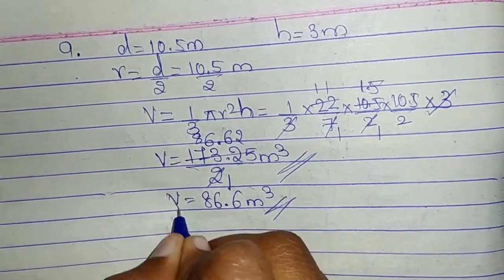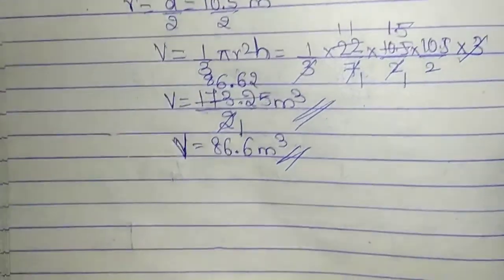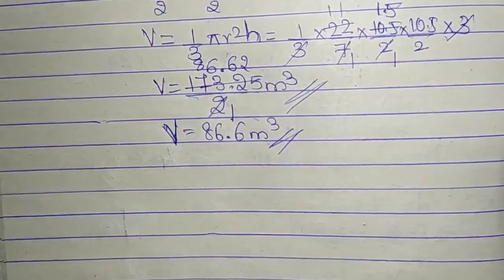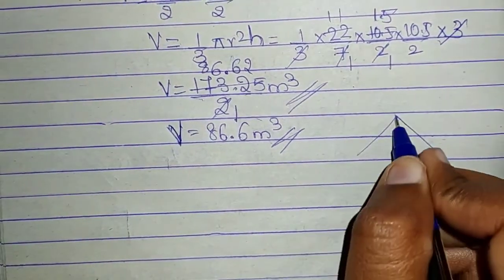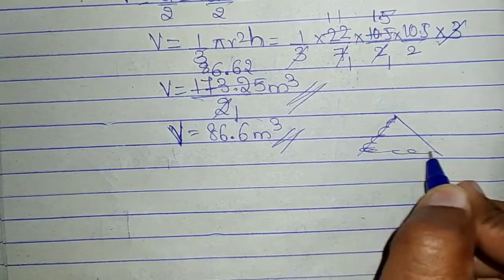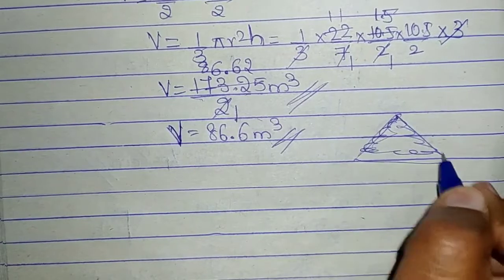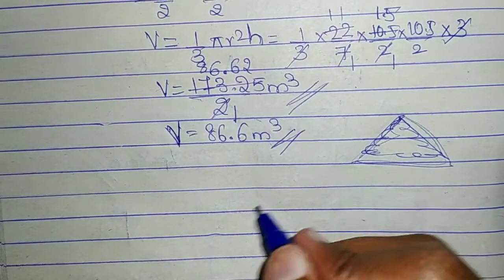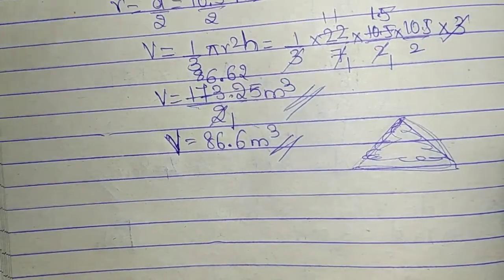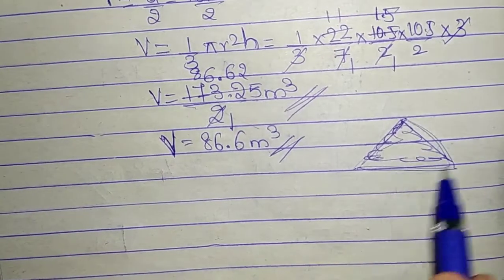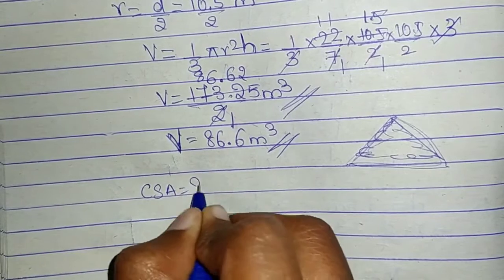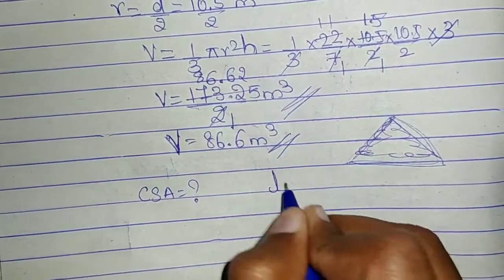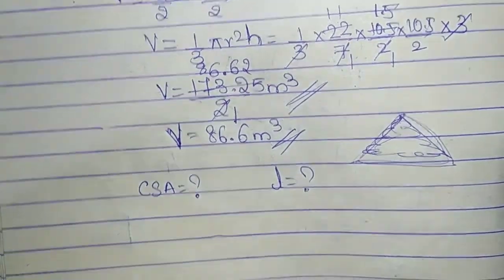Now to find the area of the canvas which is required to cover the heap. Since we are protecting the heap of wheat from rain, we will need a canvas which will cover it completely. So since we are covering the heap, we have to find the CSA of the cone, and to find CSA we need the slant height L of the cone.